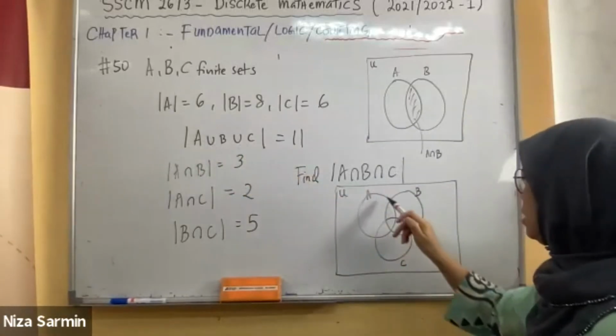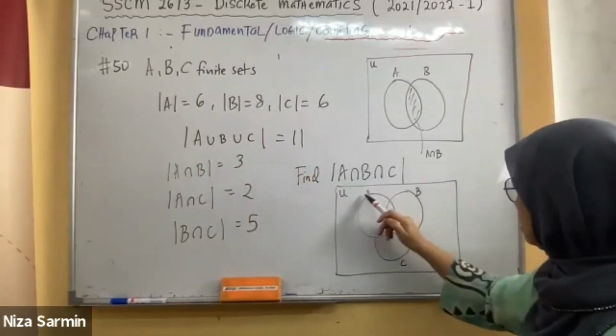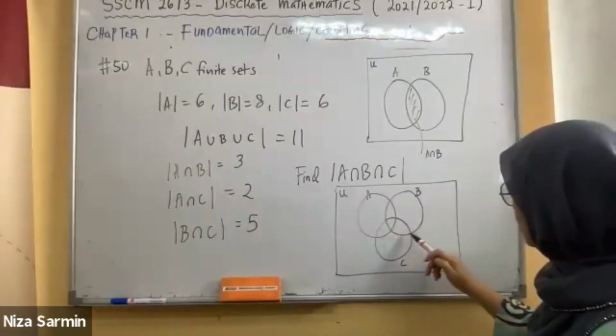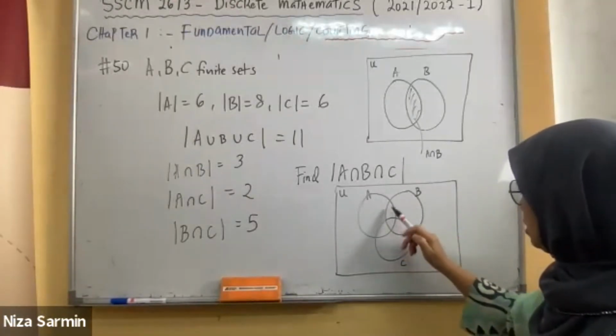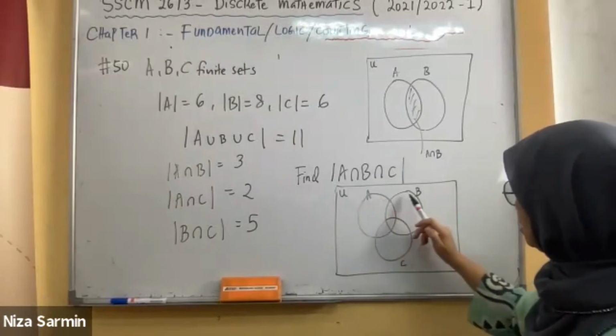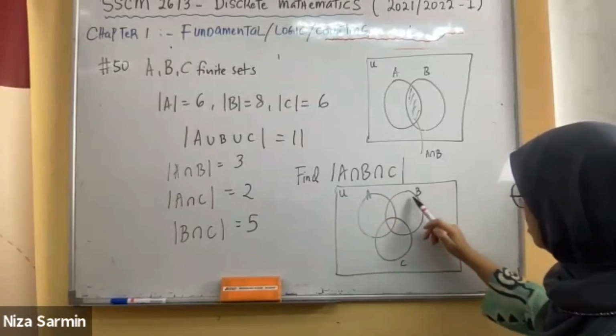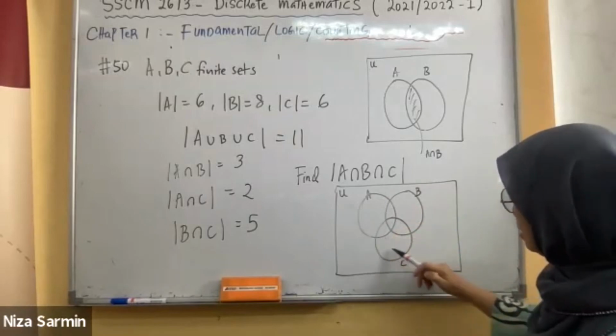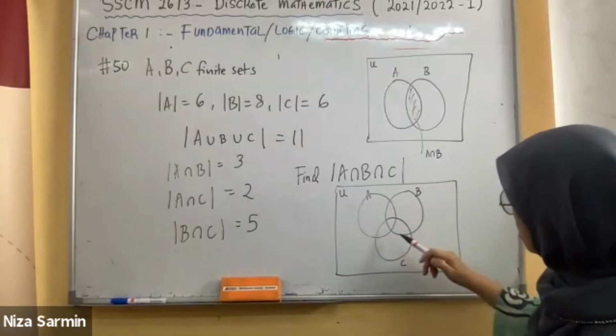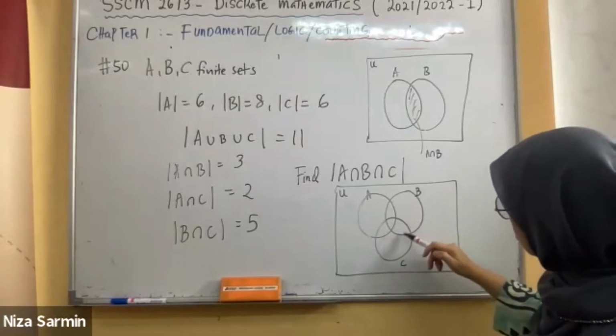The union of that is this plus this plus this. But if you add this, then you add that. You adding this twice. This one you adding this twice. This one you adding this twice.